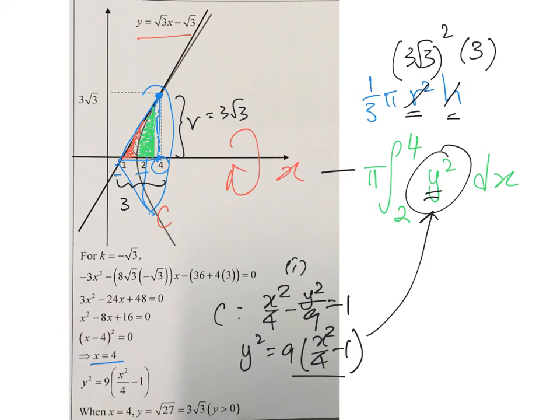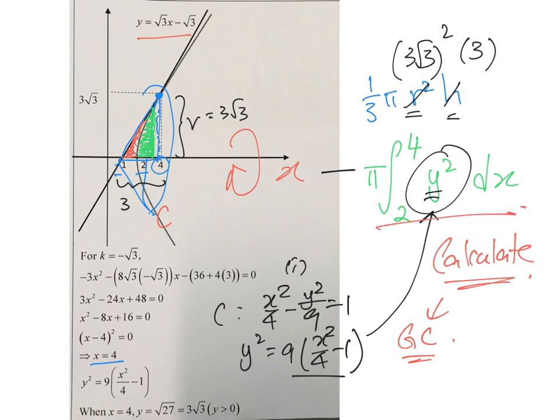So in this question, some keywords to take note of. You are asked to calculate the volume. When you see this word calculate, it usually refers to the allowance of using a GC to obtain the value, and then you round off to 3SF, instead of performing integration techniques to find the value of this definite integral.